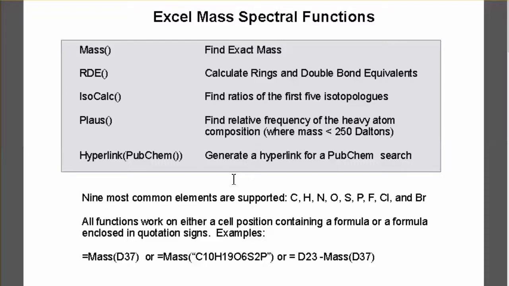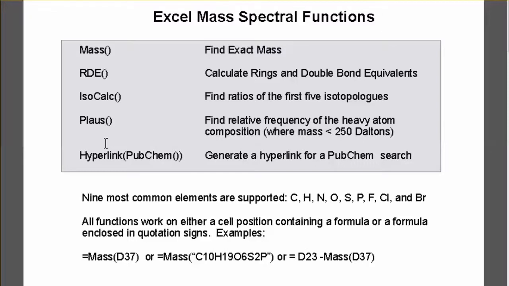Now, the Excel add-in only supports 9 elements, and it's the same with these 5 functions. The elements are listed here, and these are the most common elements. The functions work either with a cell position, like you could type in mass D37, or you could type in an actual string formula.